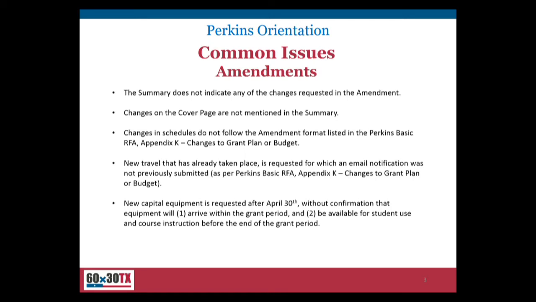However, we are going to want you to confirm to us that, one, you're going to get that item in on time, and that students are going to be able to utilize it. Those are the two things that you are agreeing to when we have that no-go with you, and that you're agreeing to everything that is listed in the RFA. If you have questions, just raise your hand.